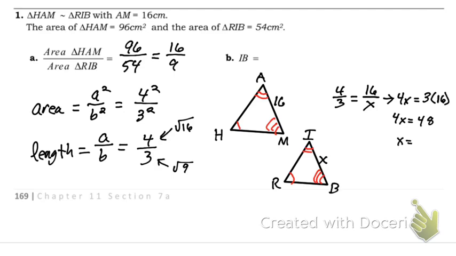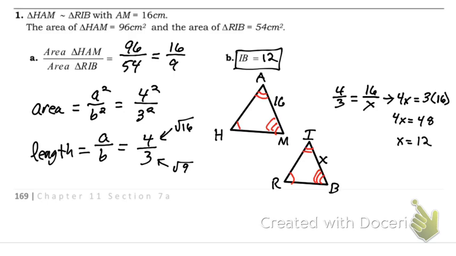So we're going to have x equals 12. Did I do all that right? Are we okay with it equaling 12? So that means IB equals 12. I need at least one person saying it's right. Otherwise I feel self-conscious. All right, so we have IB equals 12.